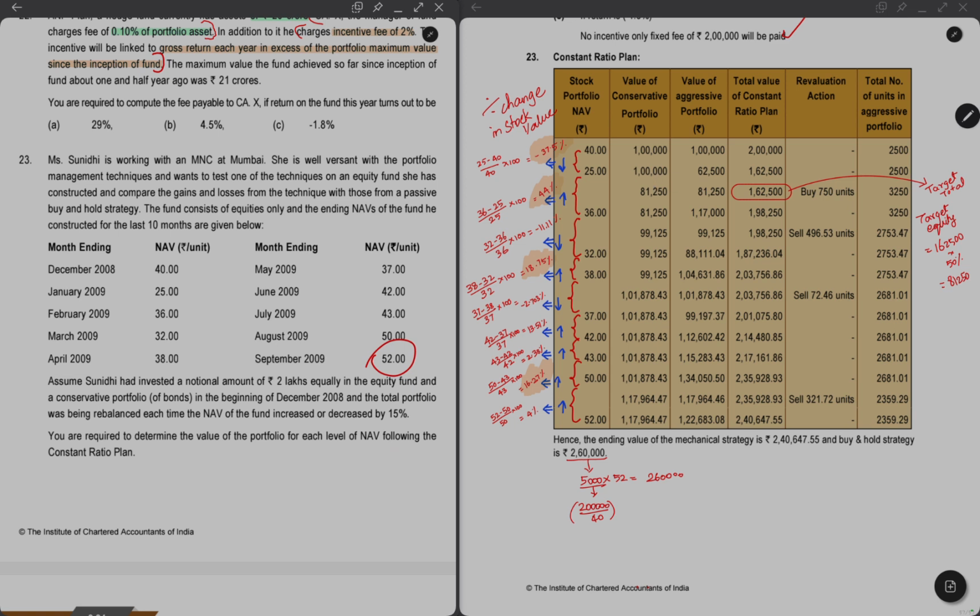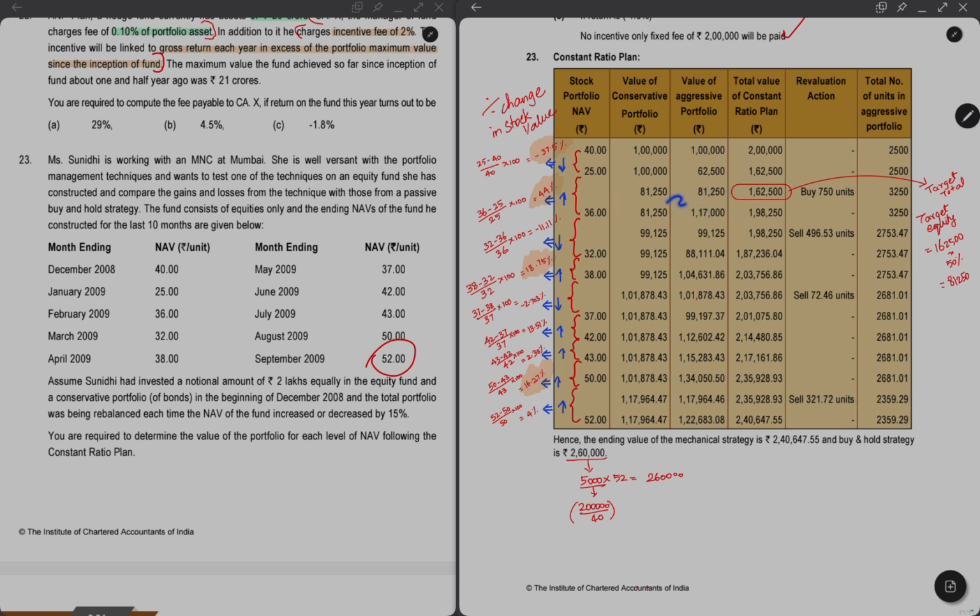Rebalancing has to be done because from 40 the value has reduced to 25. So from 1 lakh it has reduced to 62,500, the equity portion. The total becomes 1,62,500.